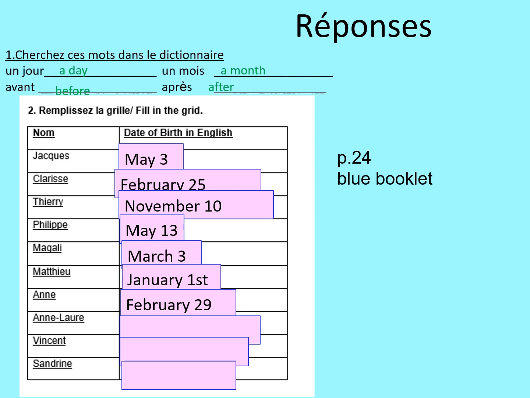The next person says, Mon anniversaire c'est 15 jours après l'anniversaire de Mathieu, so 15 days after Matthew's birthday, which takes us to January the 16th. And the final two people we have here are, we need to go 6 months after Clarisse's birthday, which takes us to August the 25th. And also Sandrine is on the 21st of June.